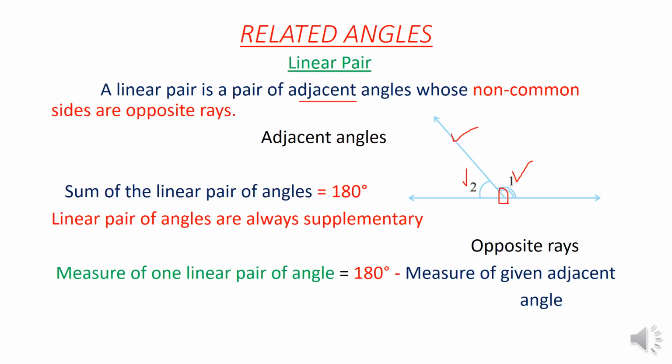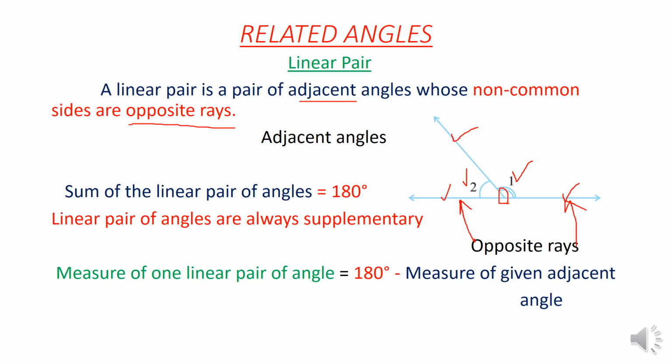The condition is that the non-common rays are opposite rays. This is the first ray and this is the other ray, which are opposite rays, as you can see here.